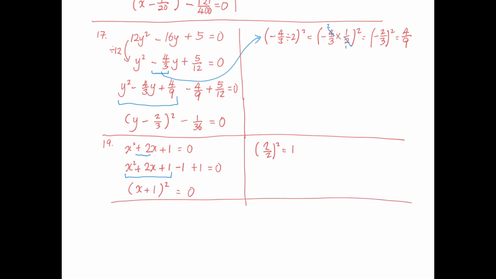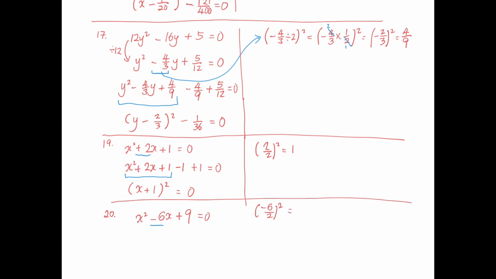Okay, so we keep it on. The next question, question 20: x squared minus 6x plus 9 equal to 0. Again, we focus on this one. Minus 6, you divide by 2, then you square it.